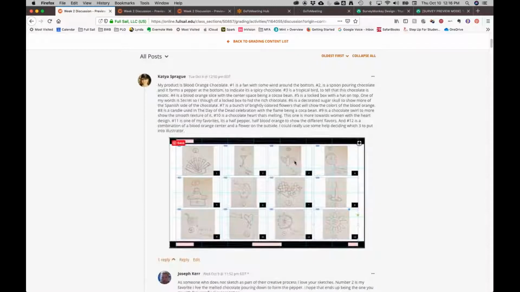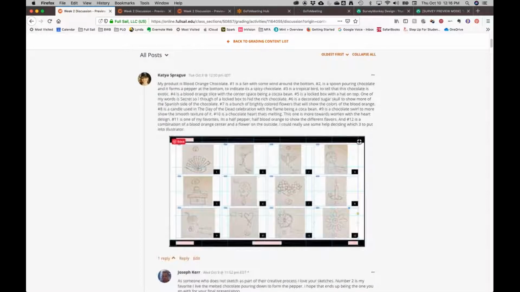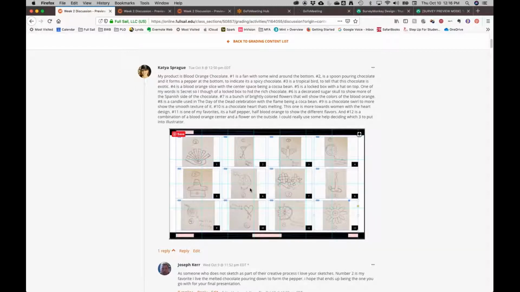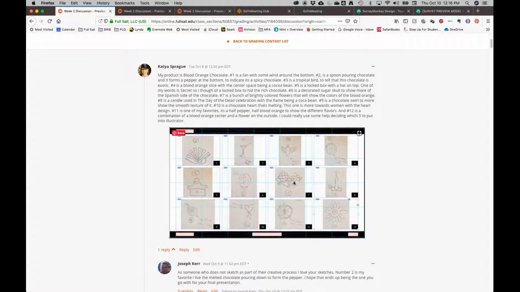Number 3 is a tropical bird, sort of exotic. 4 is a blood orange slice with a cocoa bean in the middle. 5 is a lockbox with a hat on top, sort of a Mexican hat. Day of the Dead skull, sugar skull. 7 is brightly colored flowers showing the blood orange.